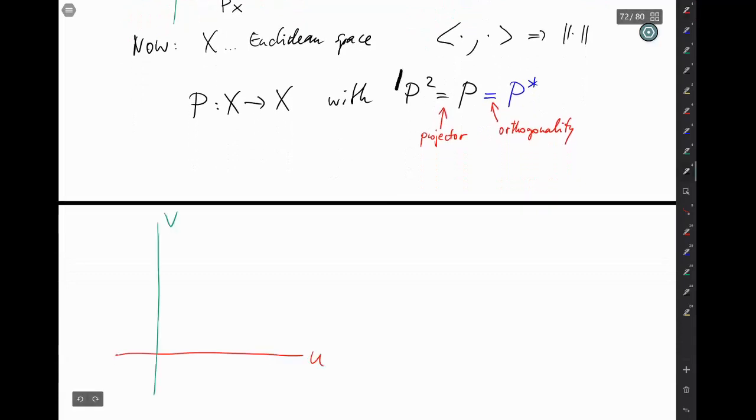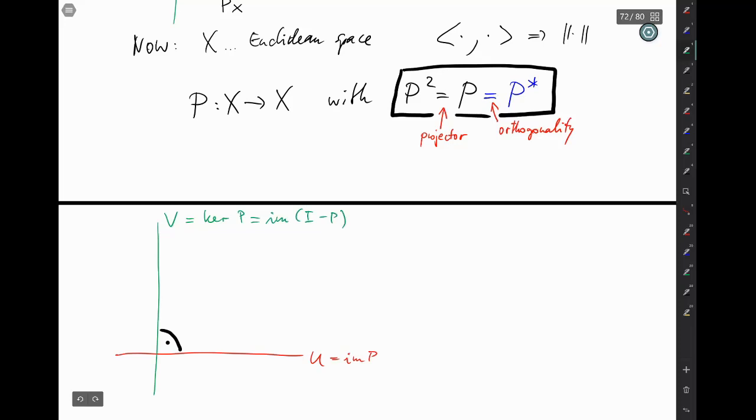So we have to show that if this equation here holds, then our spaces U and V will be orthogonal to one another, and we know how they are connected to P. U is the image of P, and V is the kernel of P, or we could also say the image of the complementary projector.